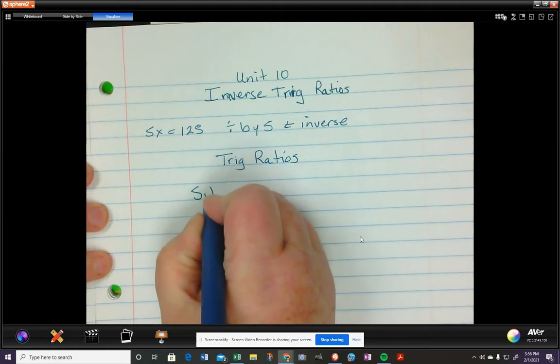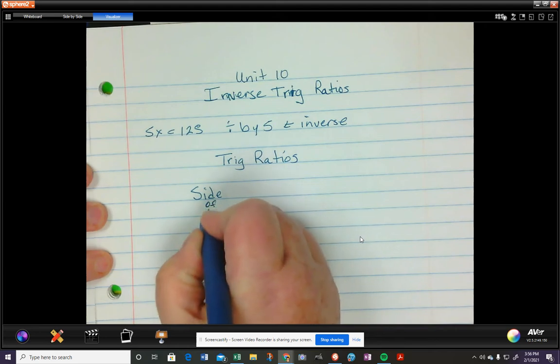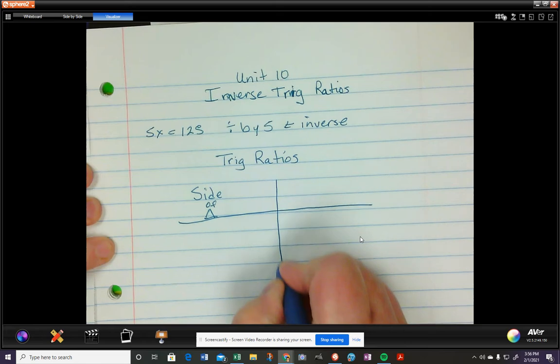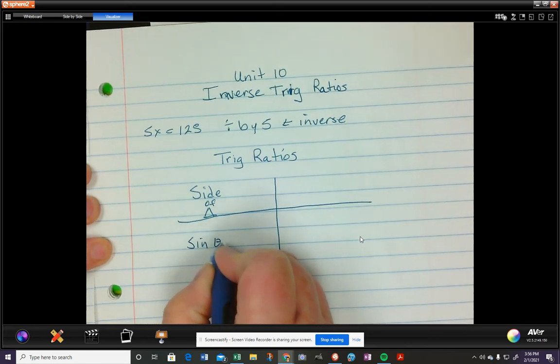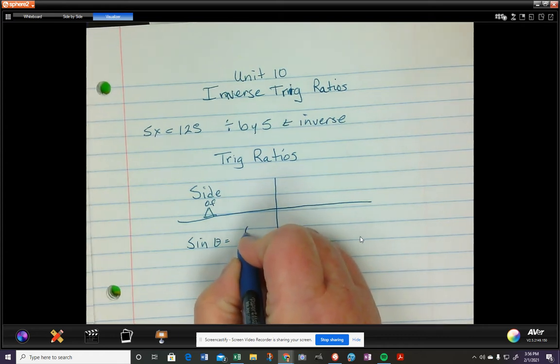If I want to find a side of a triangle, then I would use sine theta equals, what's sine theta again? Oh yeah, opposite over hypotenuse.